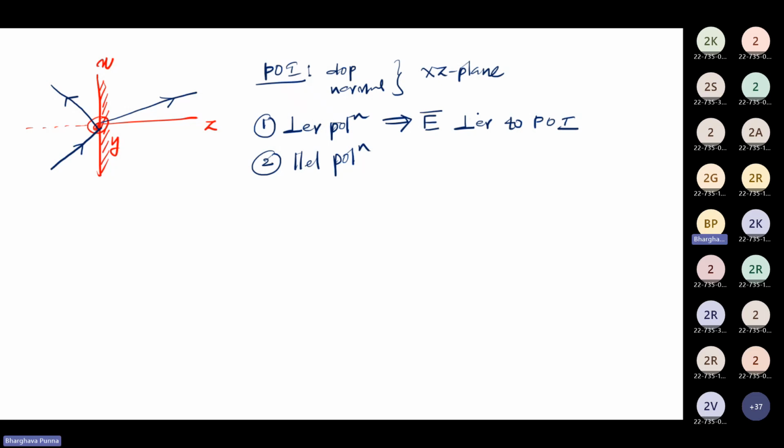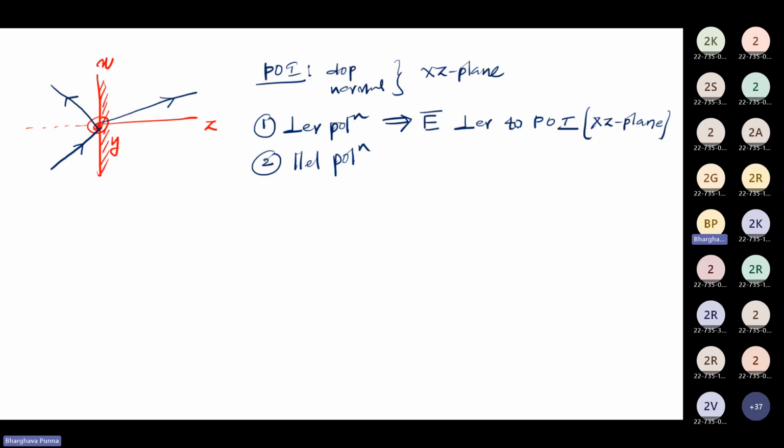Here also we are defining these two types of polarizations with respect to the electric field only. So if the electric field is perpendicular to the plane of incidence, that is called perpendicular polarization.